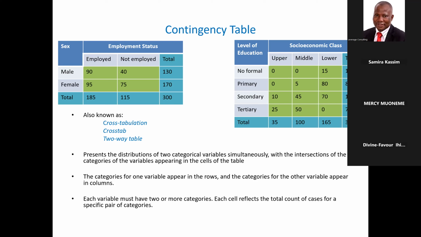So the simplest contingency table is 2 by 2, 2 rows, 2 columns. Each row and each column must have at least 2 categories. If one has one category, you cannot calculate chi-square.